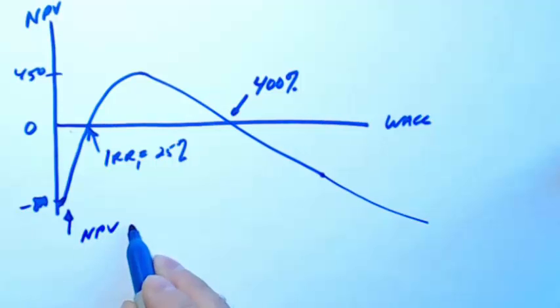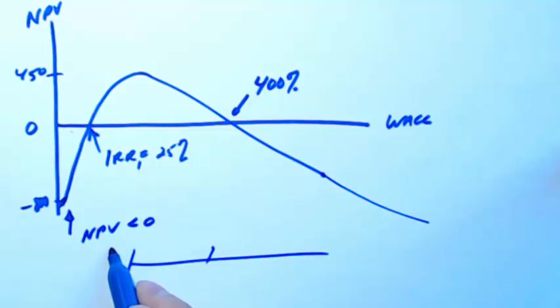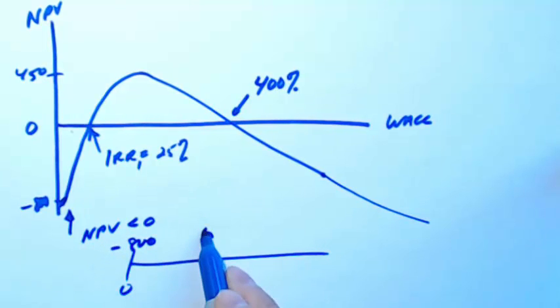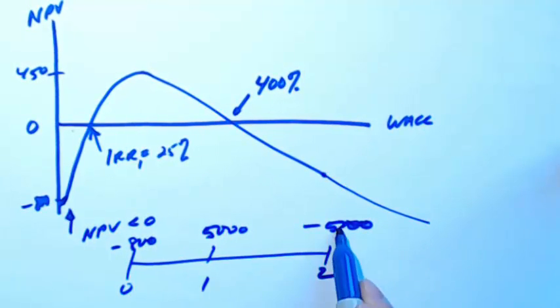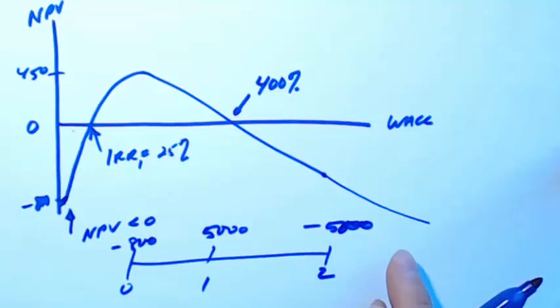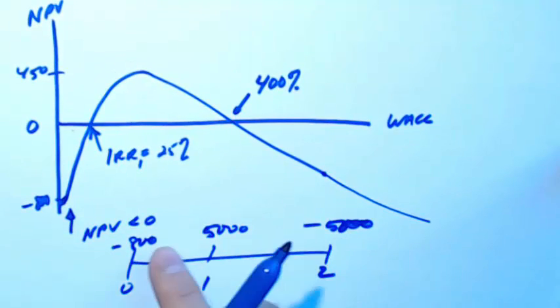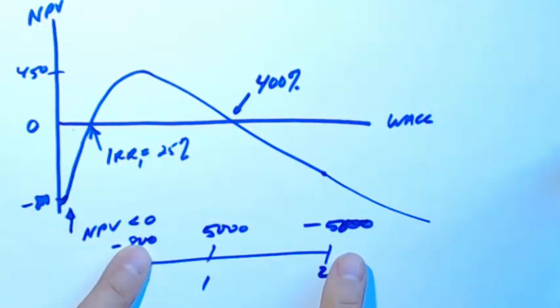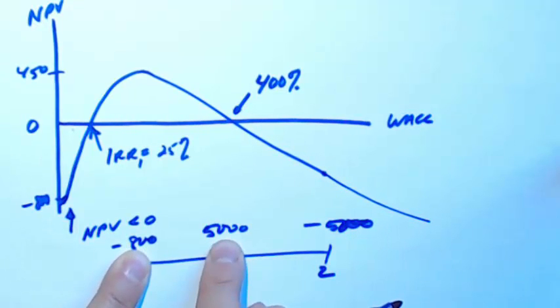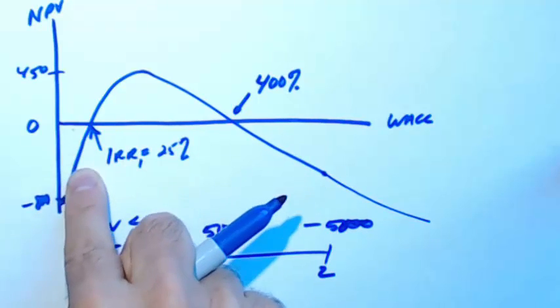You're taking minus 800, 5,000, and minus 5,000 in period 2. At very low discount rates, this cash flow stays about the same. It doesn't get discounted very much, this $5,000. So this is still a huge number, and it overwhelms what's going on here. It overwhelms the 800 and the 5,000, and it forces you to have a negative net present value.